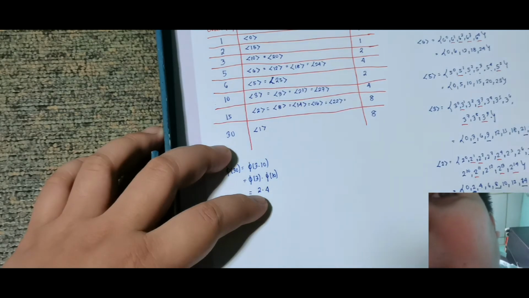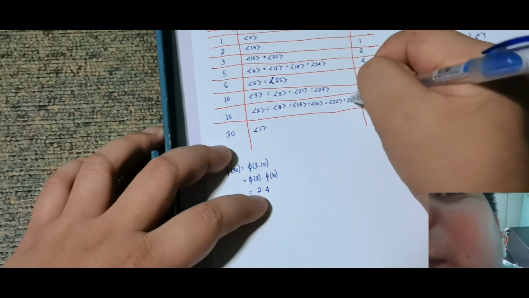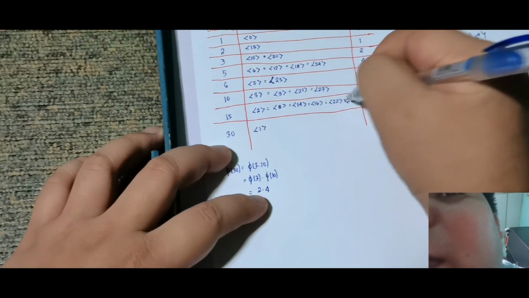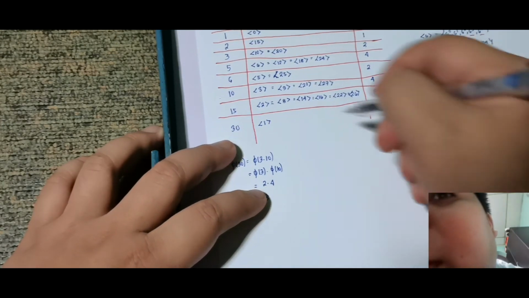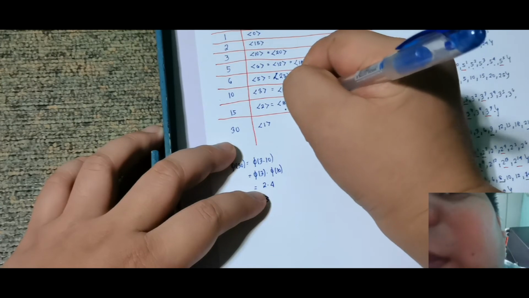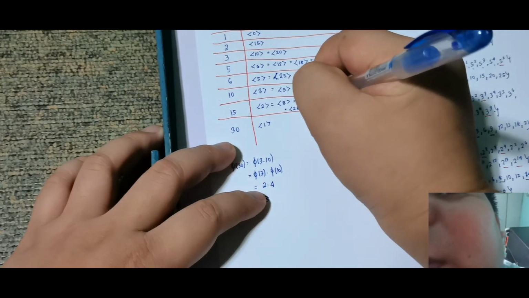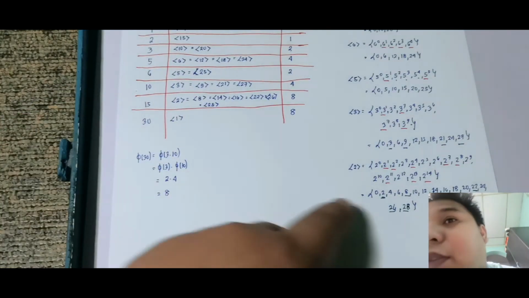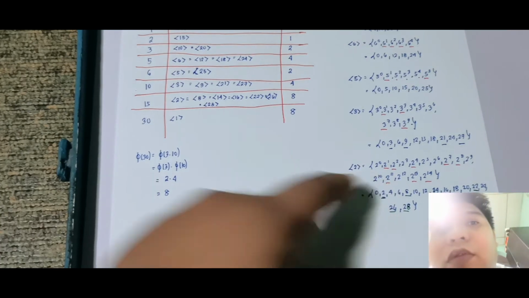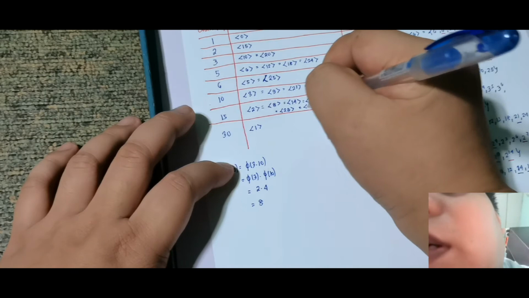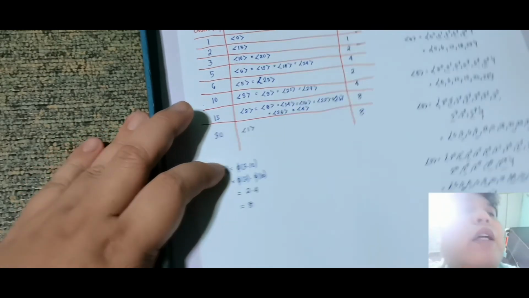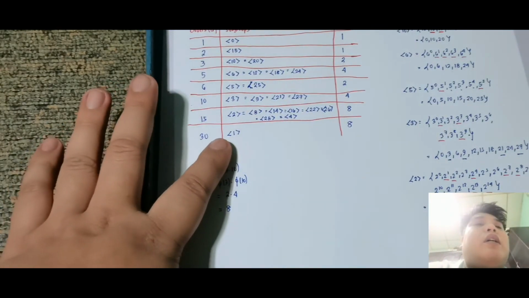Next is 26, 28. So I guess mayroon pa to isa, di ko lang nasulat, no? Okay, so 2 raised to 2, so 2 raised to 2 si 4 din pala. Okay, so si 2 raised to 4, kasama siya. Okay, then lastly, yung mga generator.